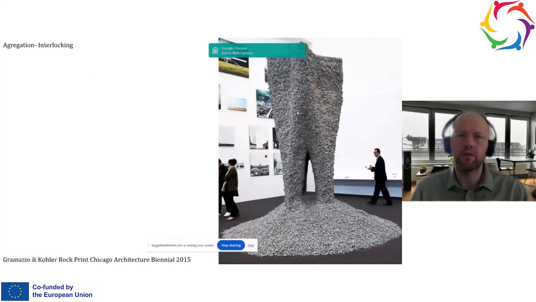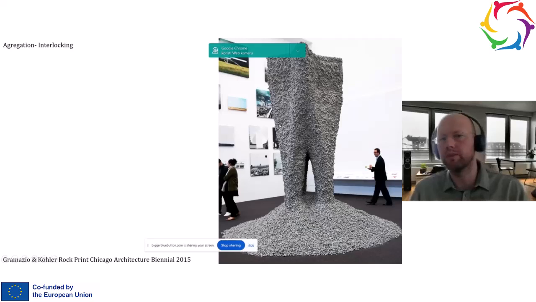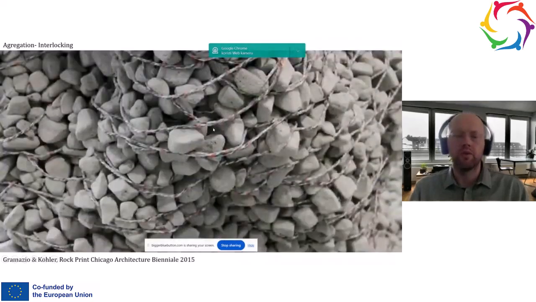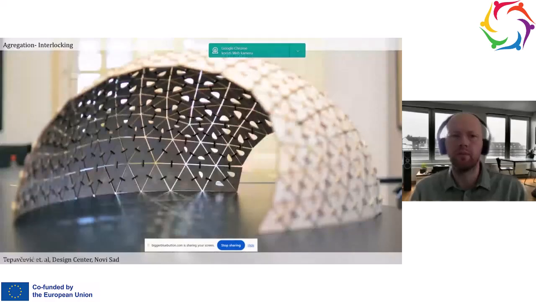For this process, you don't have to design, of course, any kind of shape. You can just put the gravel, the stones, and in such a way you can get the structure. Here we can see how tension between strings and the friction of stones create this jamming aggregation process.